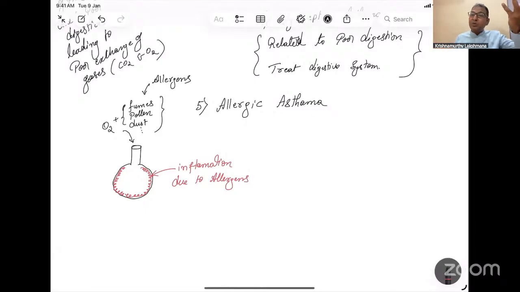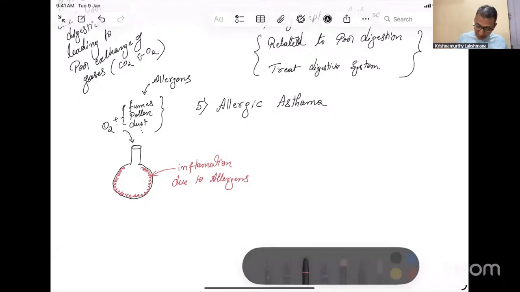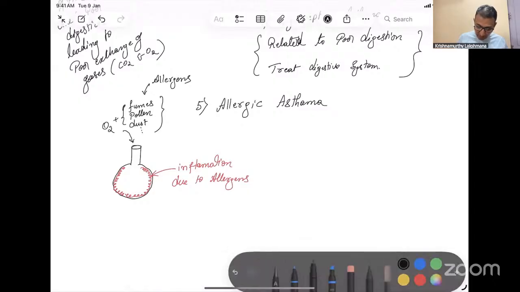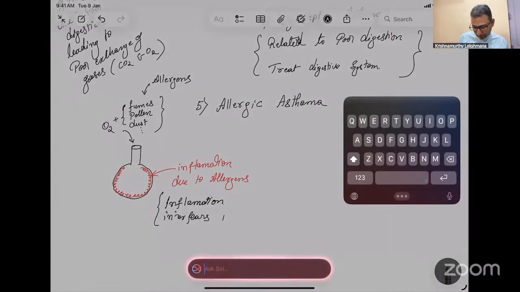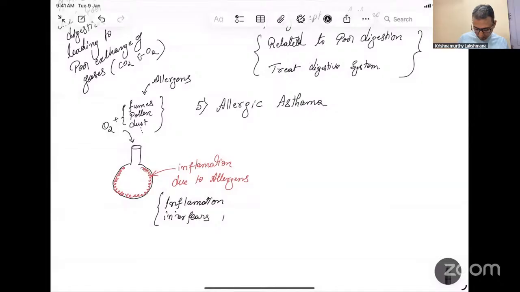In the previous case, what was interfering? It was the phlegm. Here, this inflammation interferes in the exchange of the gases.